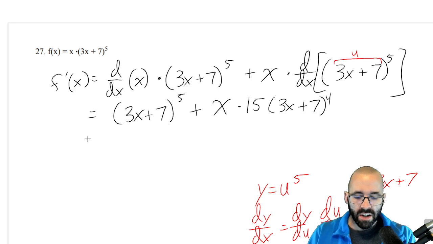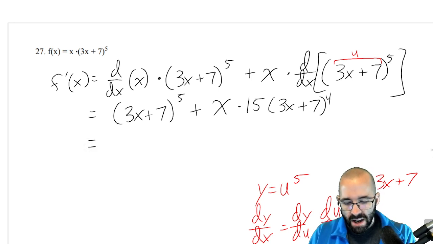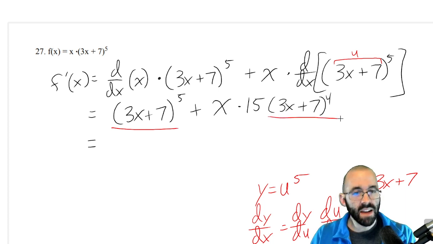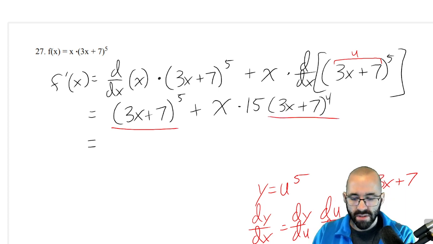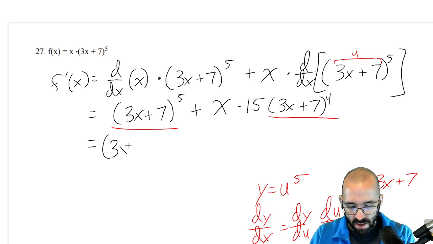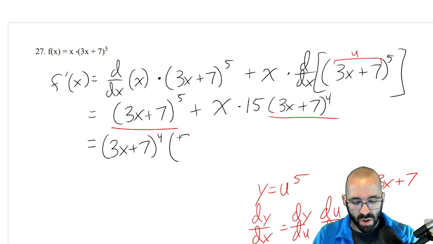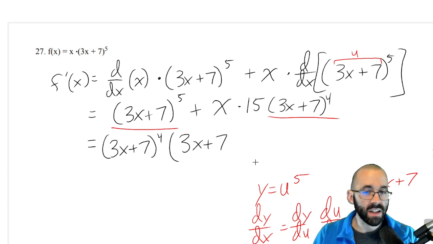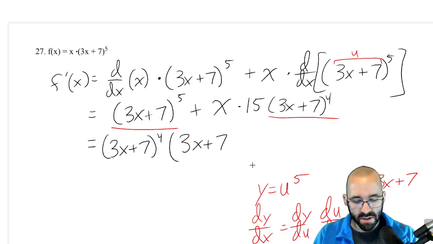And this is a perfectly good answer, but we can simplify a little bit by factoring. Right? We have a 3x plus 7 raised to the 4th power in both of them. When we take it out, the first one is left with 1 times 3x plus 7. There were 5 being multiplied. We took out 4. There's 1 left.